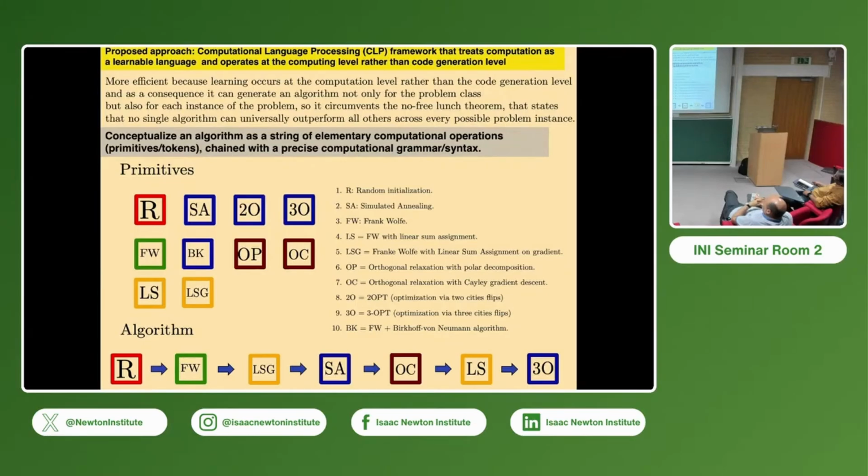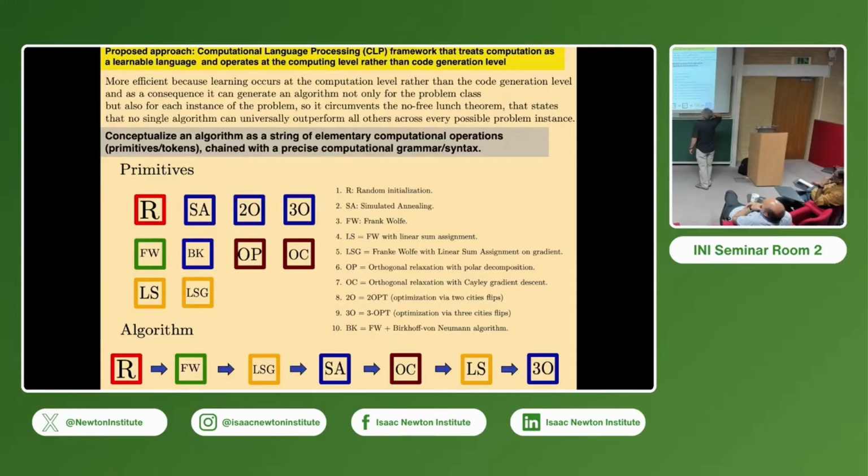You give it a problem instance, and it will speak an algorithm for you to solve that problem. But it has to learn the language by itself. There is no prior data, and I will show you how it learns the language by itself, right?